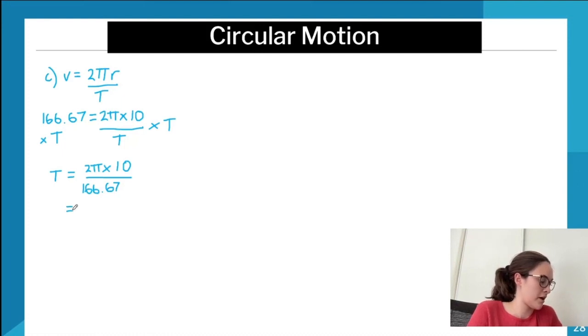For this part, put your calculator into radians because we're dealing with pi. So 2 pi times 10 over 166.67. That is going to be 0.37, and that does not look right.